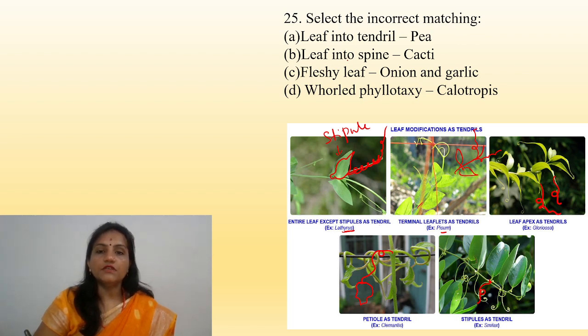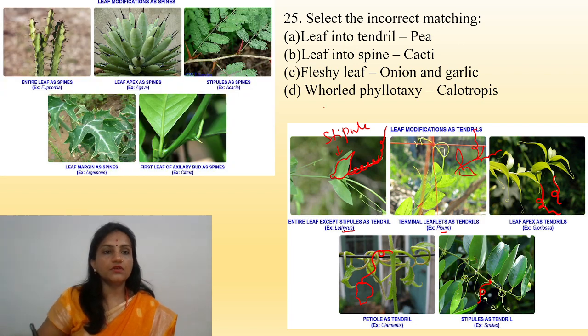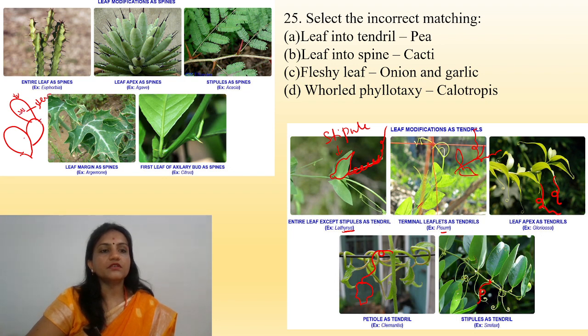So here, leaf into tendril is the incorrect match. Leaf is modified into spine. You can see here, this is Euphorbia, and even in case of cactus plant. Let me draw a diagram of cactus. This is the stem, and these spine-like structures are the actual leaf.